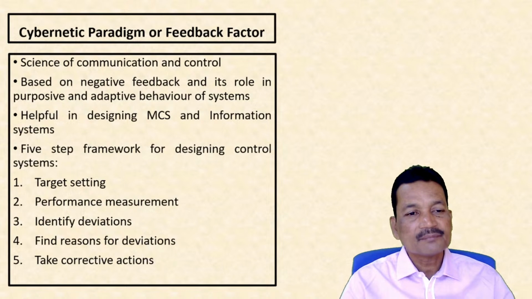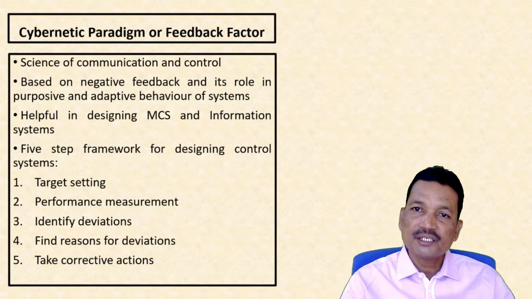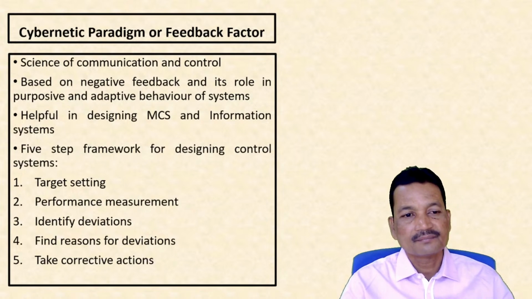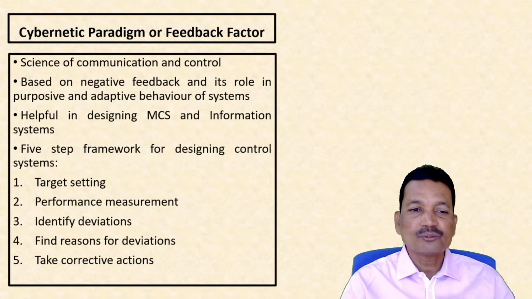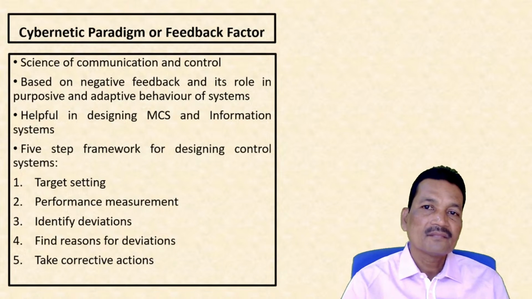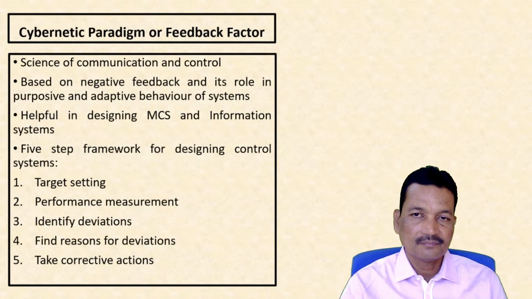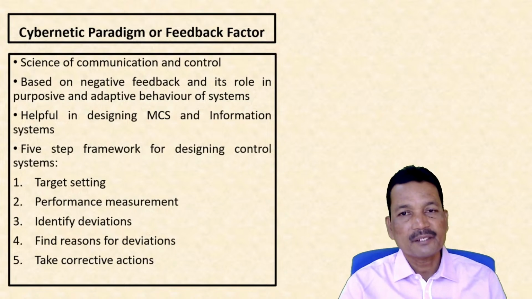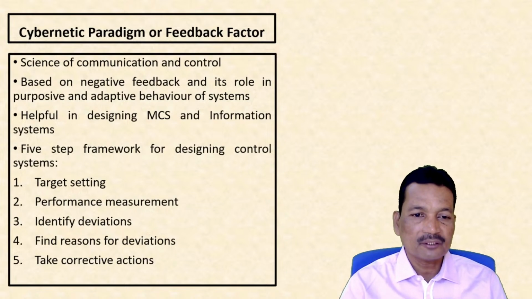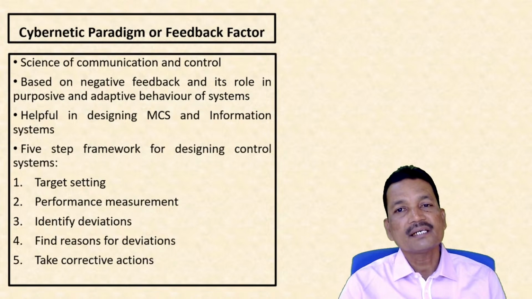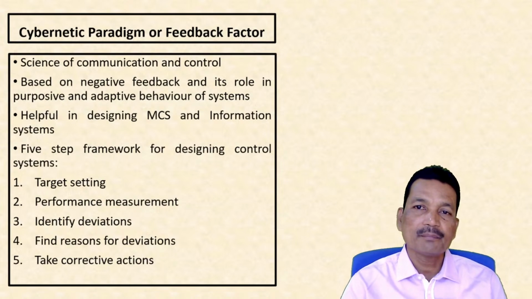Once this has been set, we generate the plans, and the plans will tell us that at this particular point of time, this is the target to be achieved. The actual implementation at that point of time will tell us how much we have done.